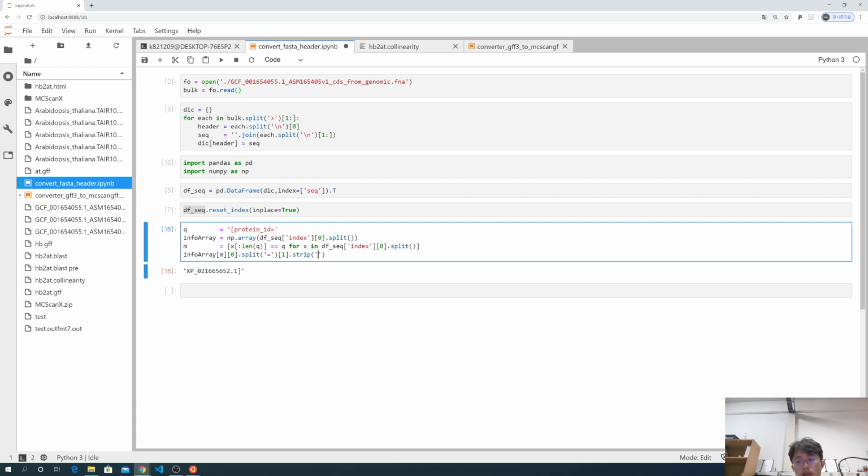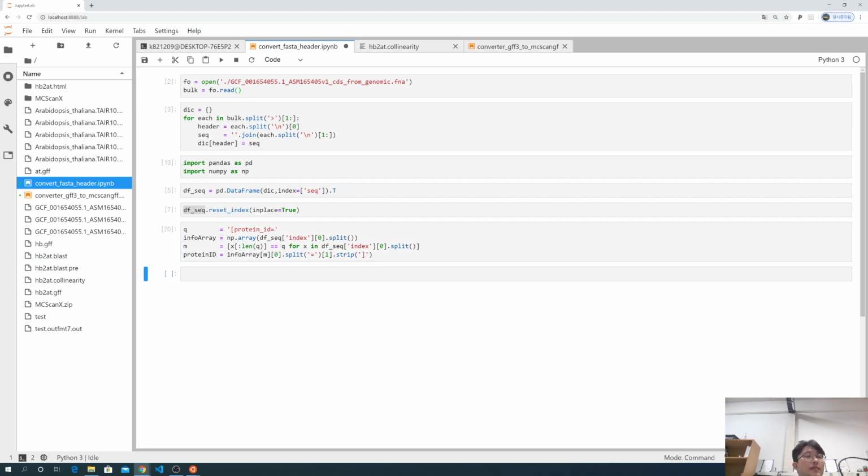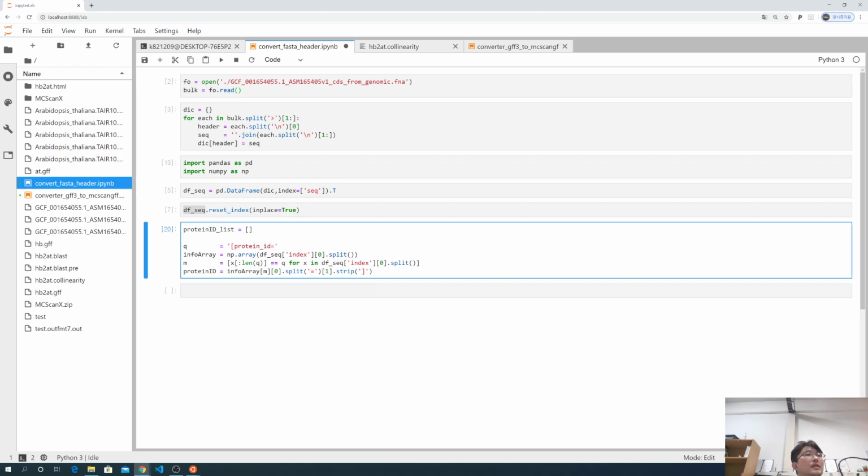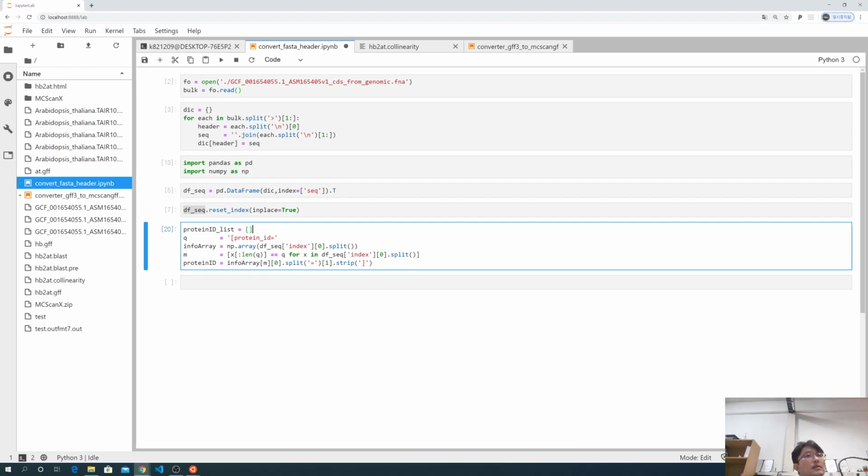No. Good. So protein ID. Now we have it. Then the protein ID list will be like this.